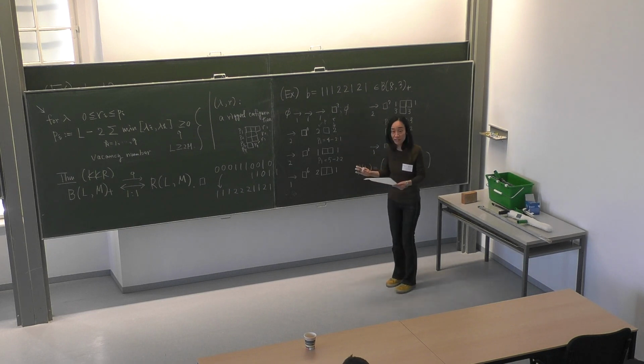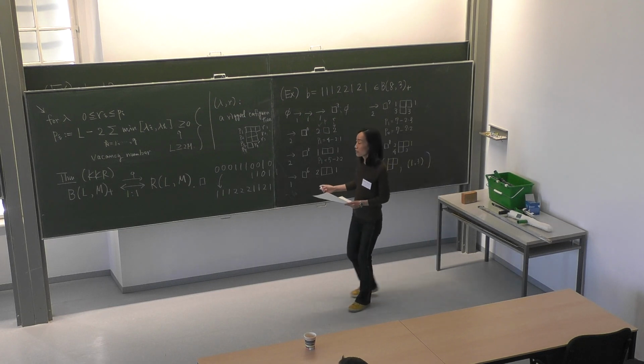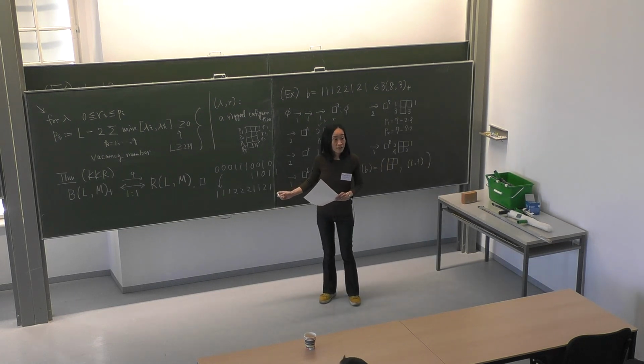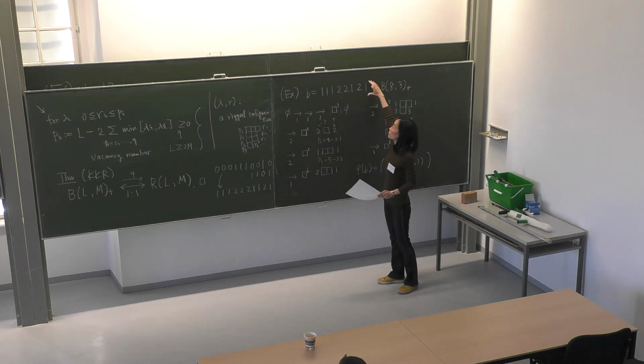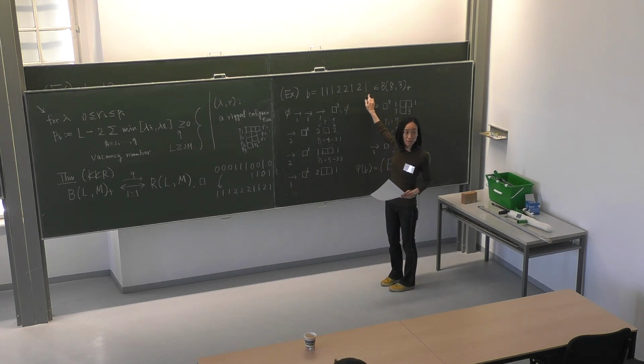Okay, please allow me to go ahead. M is the total number of 2 in the original sequence B. L is the total number of integers in the sequence.